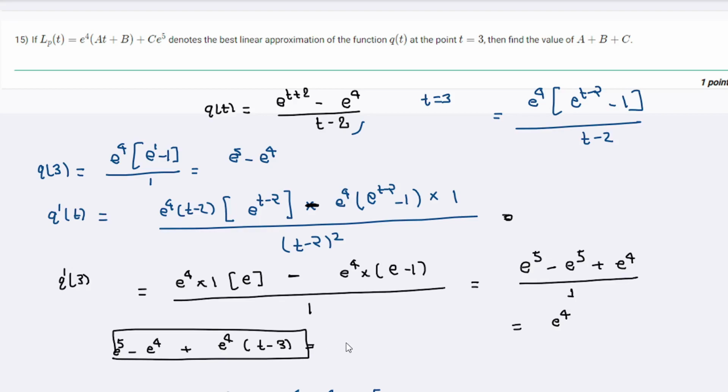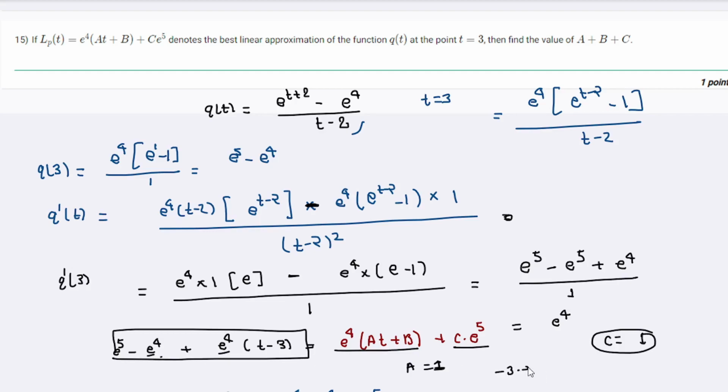It is given that it is equal to e to the 4 times at plus b plus c times e to the 5. So from here we can conclude that c is equal to 1 and a is also equal to 1, and there are two terms for e to the 4.